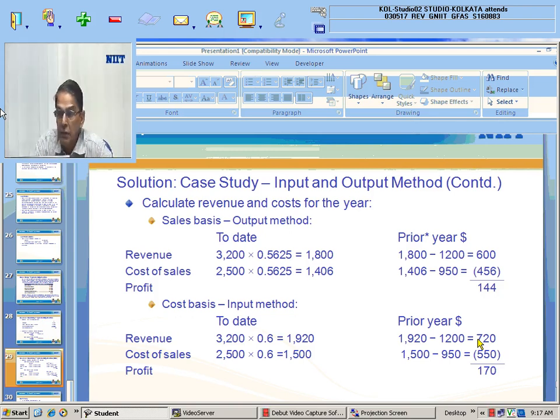Anything, any calculation or any numbers which is not clear to you, you can always ask me. If everything is clear to you, I hope it is, then we can move on to the next lesson, because this is the last case study we'll see under revenue recognition under contract.